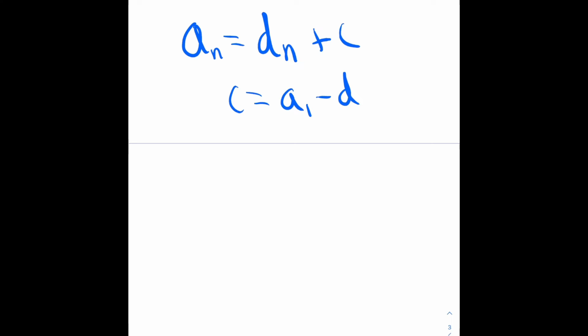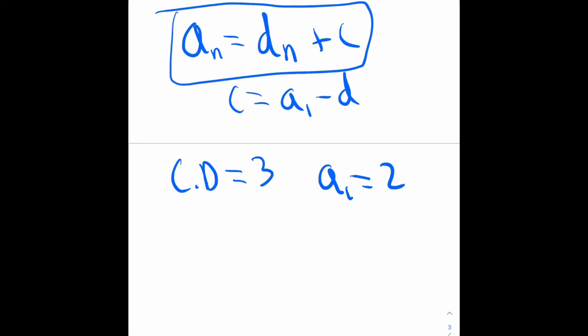Find a formula for the nth term of the arithmetic sequence whose common difference is 3 and first term is 2. So c is a1 minus d, and 2 minus 3 is -1.